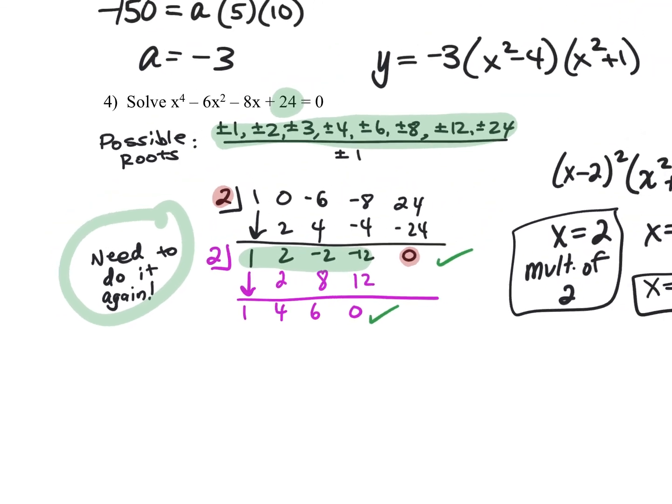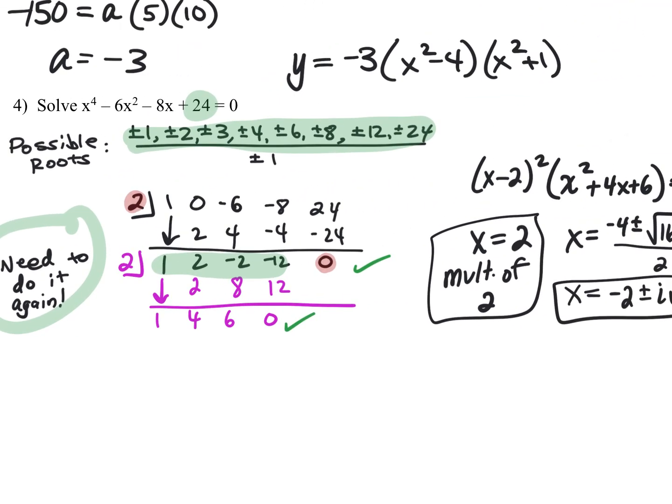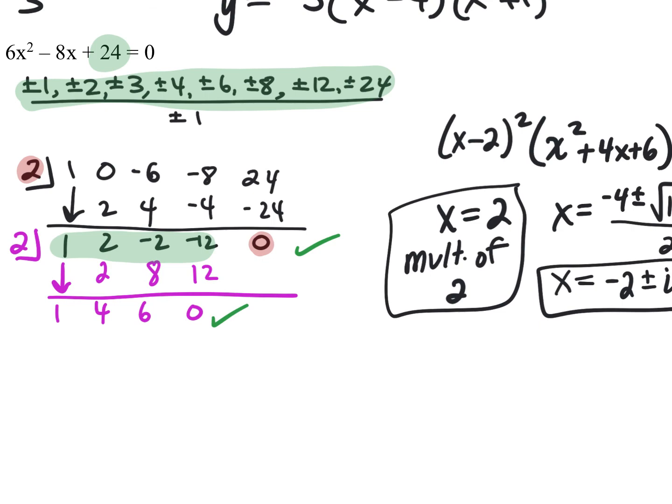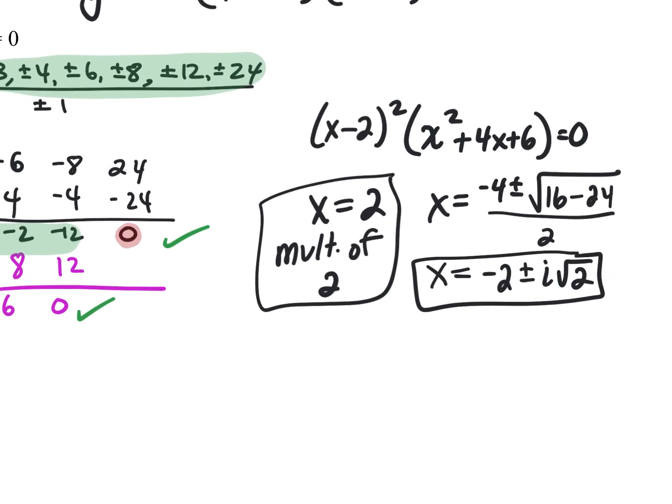So all of this is to say that 2 is a double root, and the result of that second level of division led us to a quadratic times a double root. The double root gets us our solution with multiplicity of 2, and this quadratic we solve through the formula, and we find that we have an imaginary set of solutions, a pair of solutions.